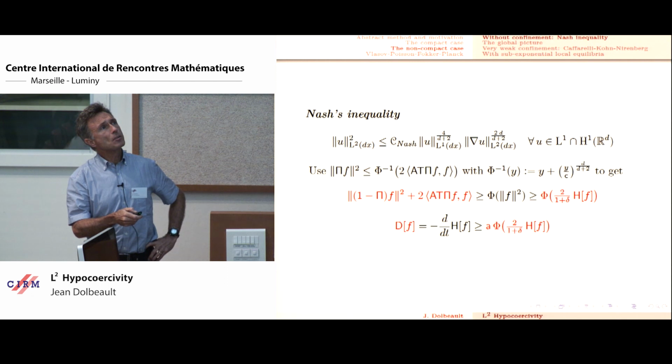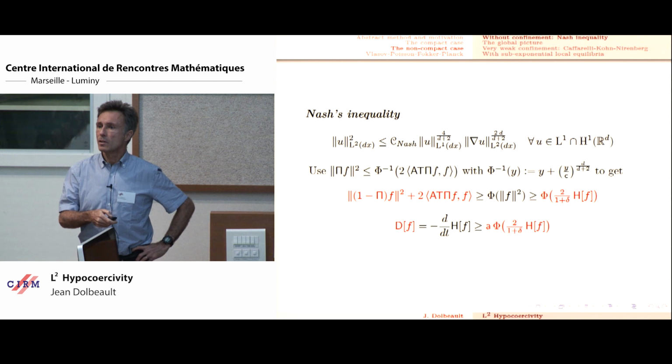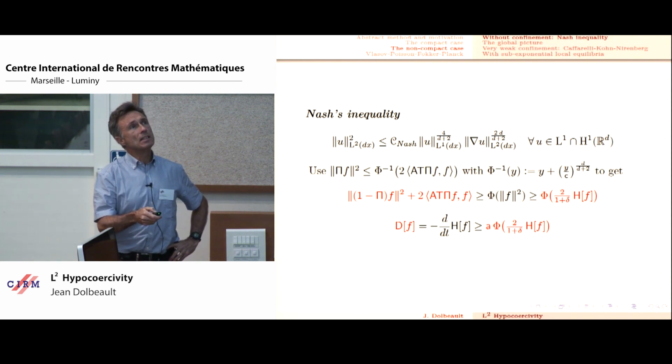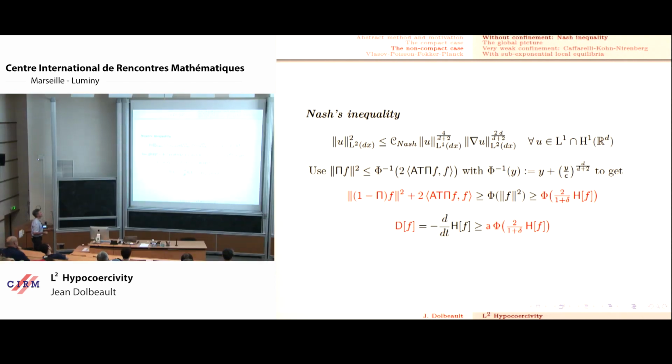Okay, and you get that pi, the macroscopic part of F, so the spatial density of F, is controlled by the inverse of ATPF, where the inverse is just this quantity built on top of the Nash inequality. So what you are going to prove is that the two terms, the distance to the local equilibria plus this ATPFF, this good term, actually control phi of the entropy itself up to some constant here.